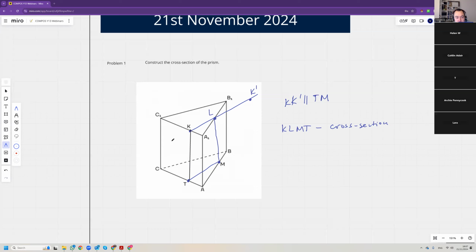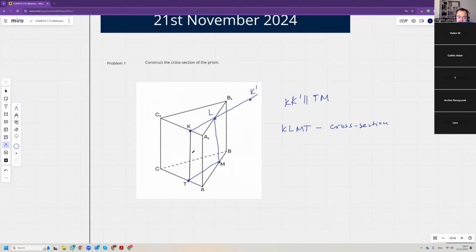Now, you can't. LM is not going to be parallel to TK. Right. So my first instinct was, but if TK was parallel to AA1, then yes, they would be.